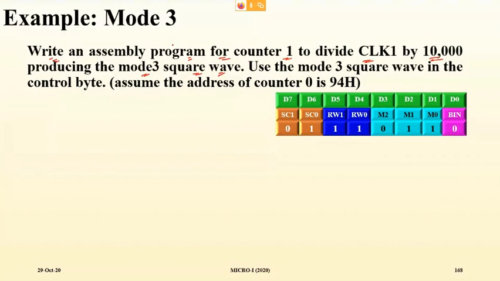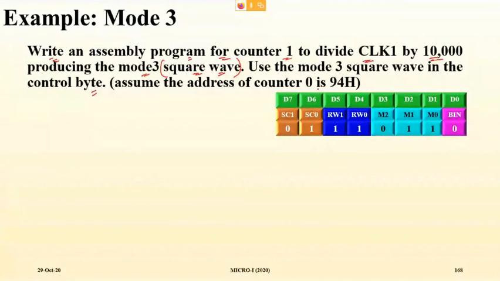So suppose the question is, you are going to use counter 1, divide the clock 1 by 10,000, and you should generate square wave. Of course, when you are using mode 3, it will be square wave, or it can just say generate square wave, or it can say push the device into mode 3. So use mode 3 square wave in the control byte.